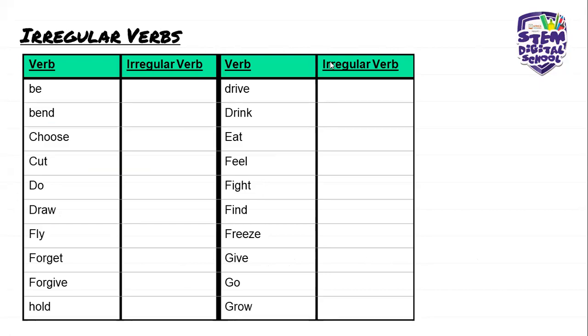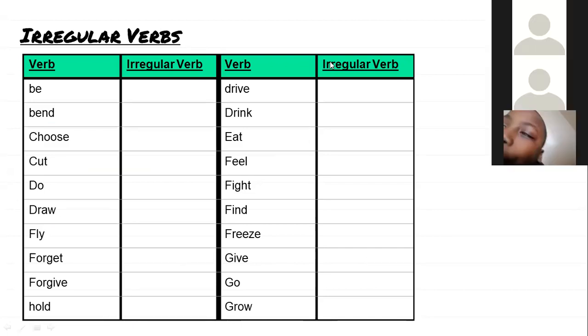I'm not going to ask you a different irregular verb than the ones I have here. These are the only irregular verbs I will ask you on Monday. And irregular verbs are not something that you can understand. It's just something that you learn. Any questions regarding irregular verbs?